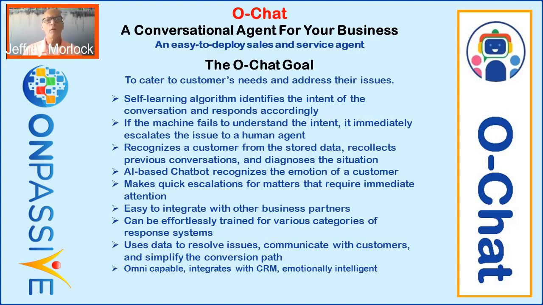It can recall previous conversations, and it uses this information to help diagnose whatever situation they're in. And this is to say, I suppose, that OChat's self-learning algorithm identifies the intent of the conversation and responds to it accordingly.